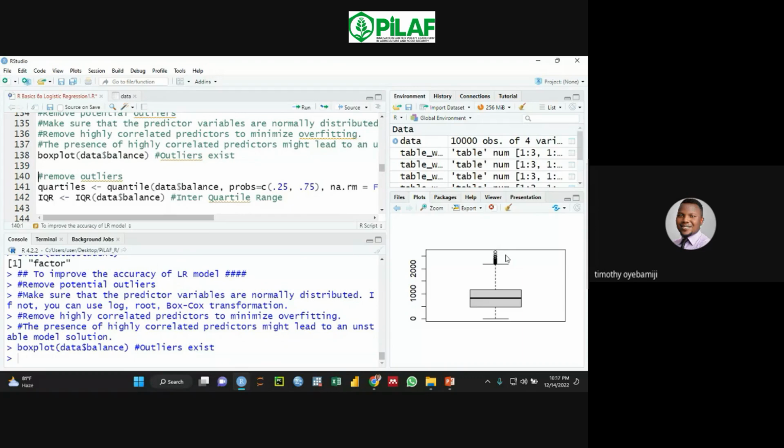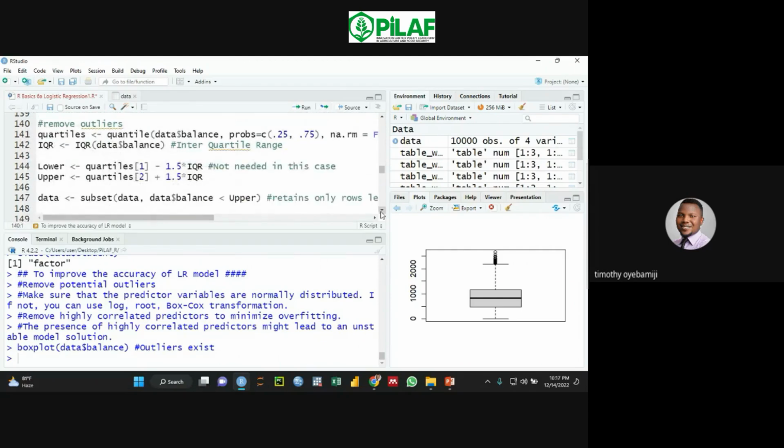Now, we want to remove these outliers. The upper cap here is the 75th percentile plus 1.5 times the interquartile range. Let me explain.